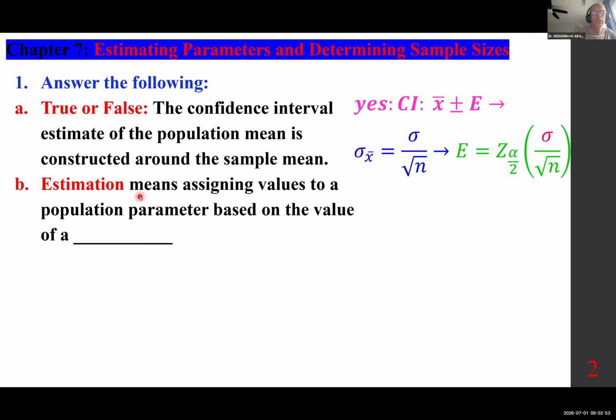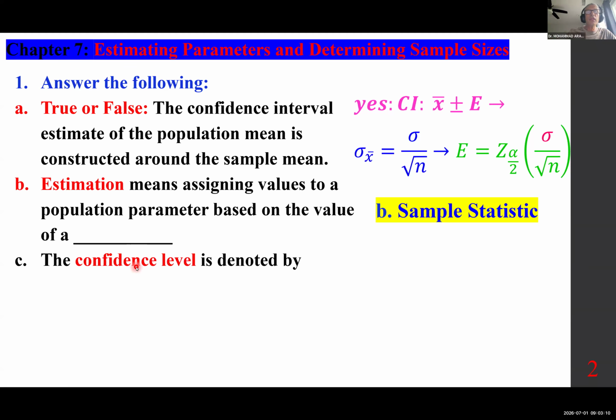Estimation means assigning values to a population parameter based on the value of a sample statistic. So we are interested in finding mu. We start with X bar. That's the idea. The confidence level is denoted by 1 minus alpha times 100%.